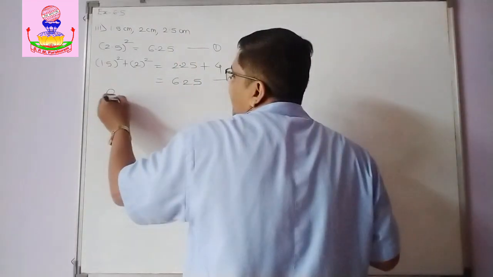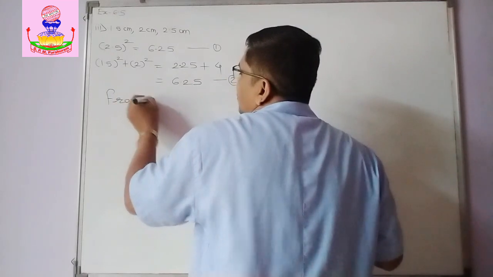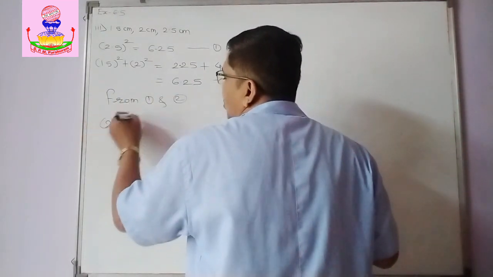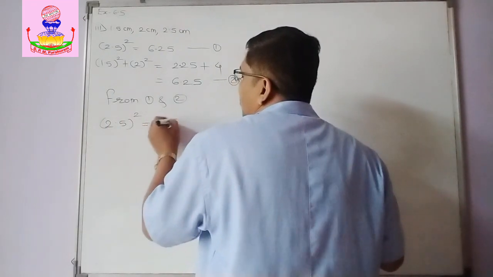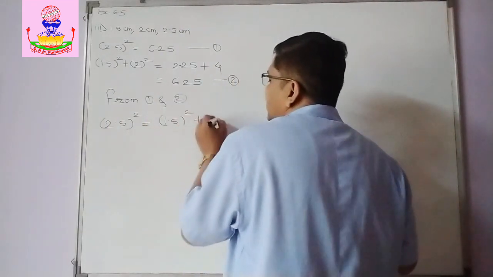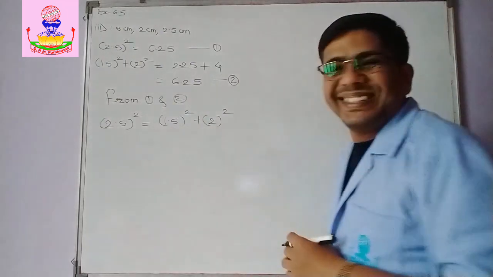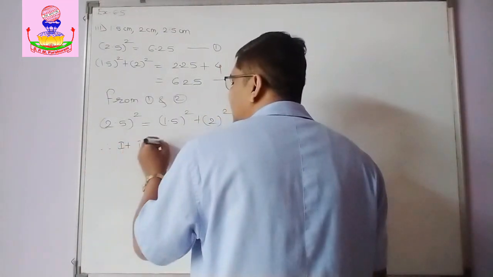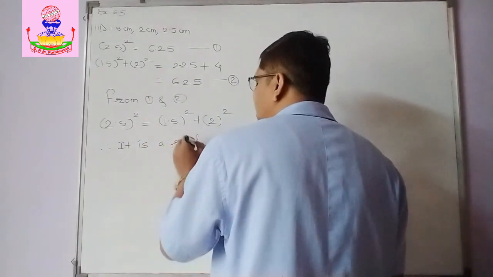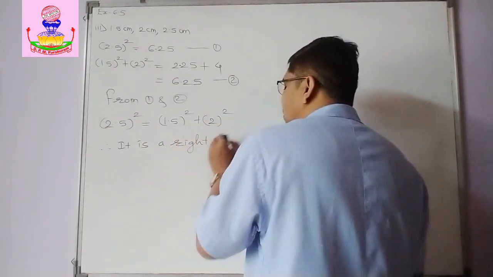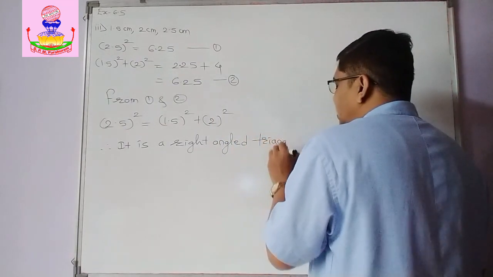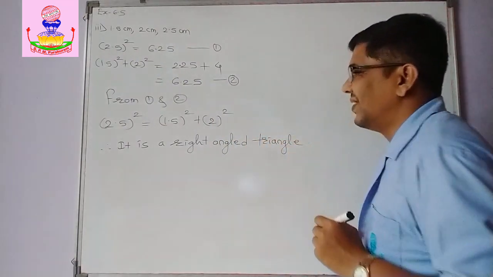This is 1, this is 2. So from 1 and 2, what can you say? 2.5 whole square is equivalent to 1.5 square plus 2 square. So therefore it is a right angle triangle. Now the next question is, find out which is the right angle.